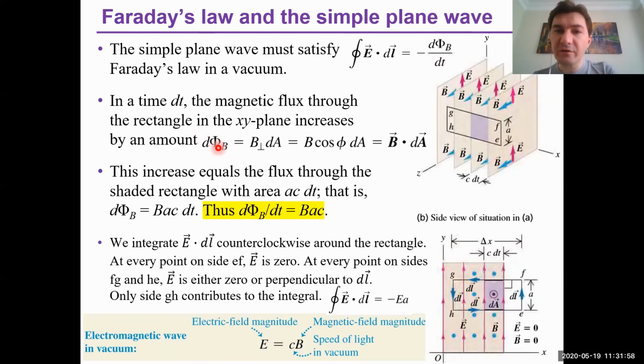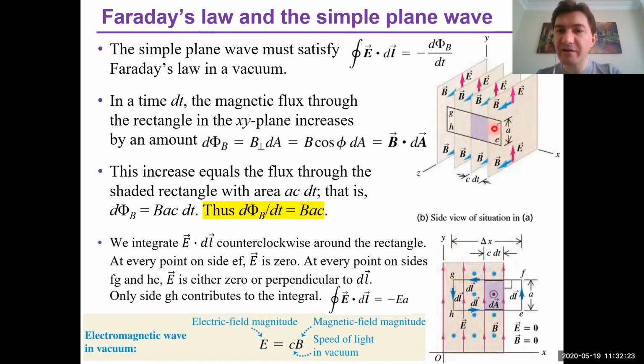We choose a loop here, okay? This is the planar wavefront, and it is moving in that direction, in positive x direction. The wave front is moving like this. And here we choose an area with that violet color area.